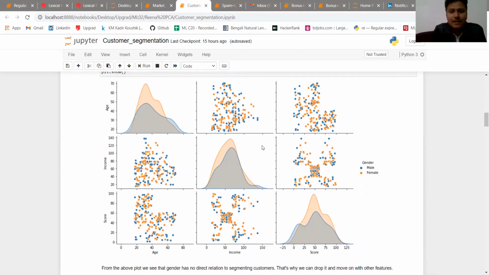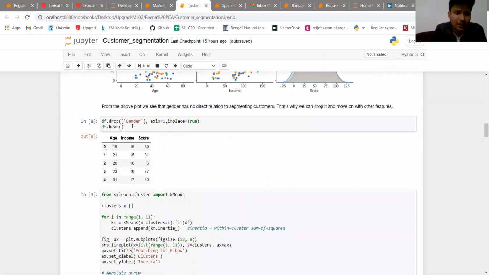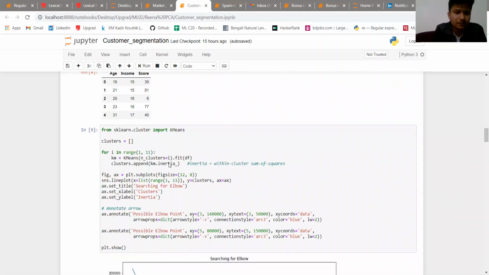Here we don't see any interesting pattern or cluster which would lead us to a conclusion that there is a different behavior between male and female. So we can understand that gender won't be necessary for further analysis, and for that reason we can drop the gender column.